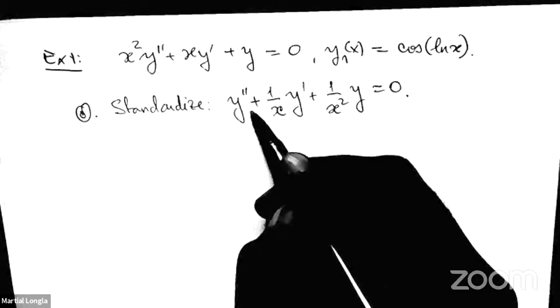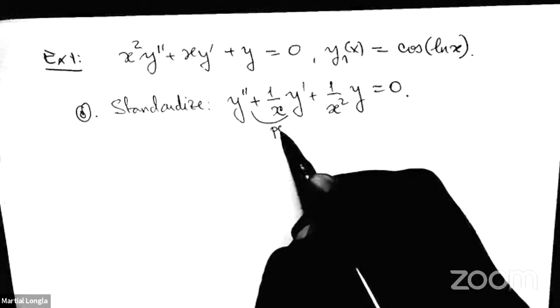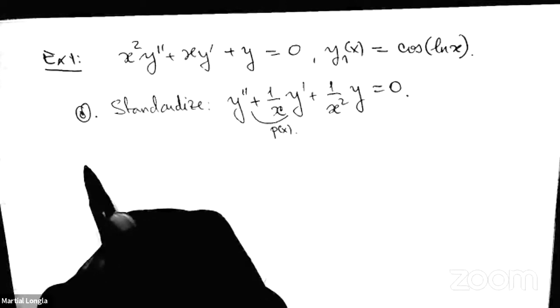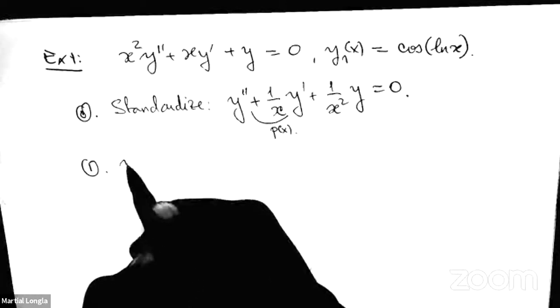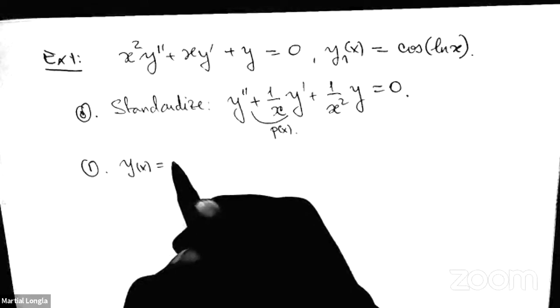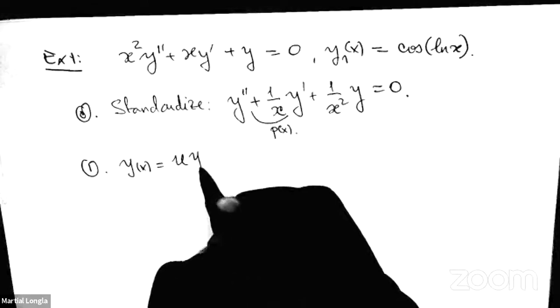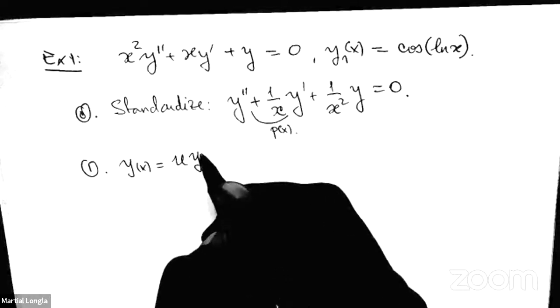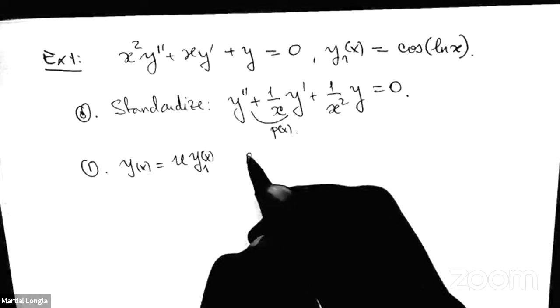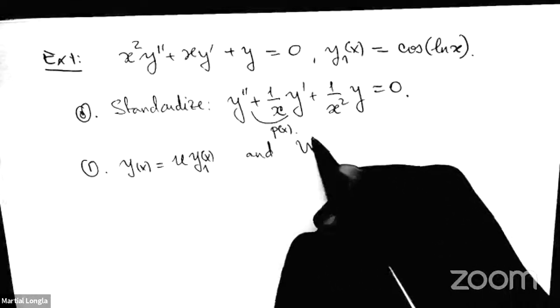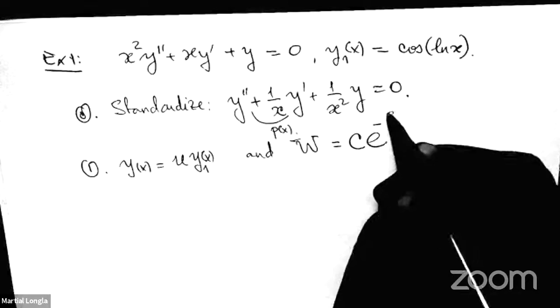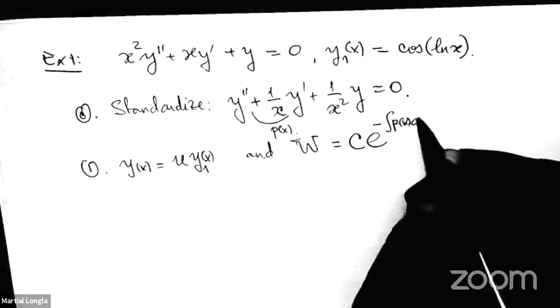And so right here, we see p of x. Then we go to step 1. We say y of x equals u y1. And that's what we want. And w, which is the Wronskian of these two, is c e to the negative integral of p of x dx.